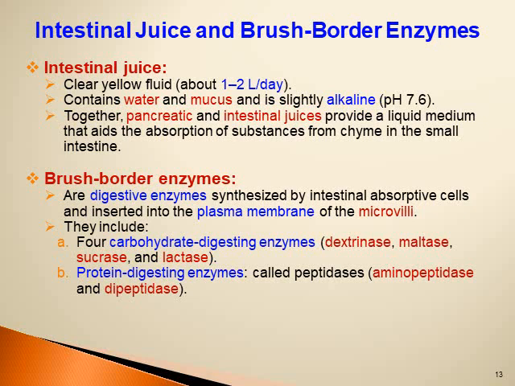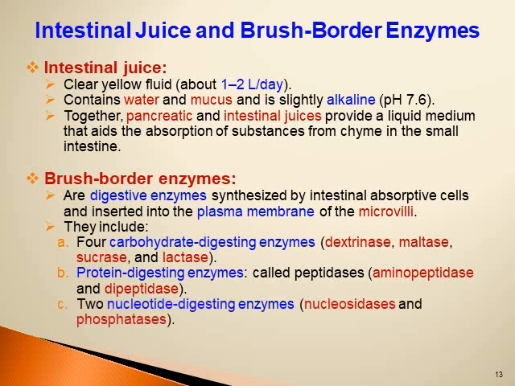That's why we call it aminopeptidase. The digestion of polypeptides will also produce dipeptides, 2 amino acids joined together. So these dipeptides are digested or split by the enzyme dipeptidase, which is a brush border enzyme.